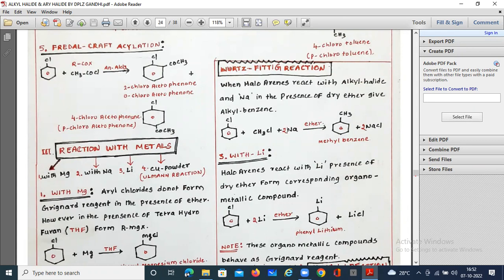Both the sodium metal and the alkyl halide are taken. Then what type of compound is obtained? Methyl benzene, just like toluene, is obtained.